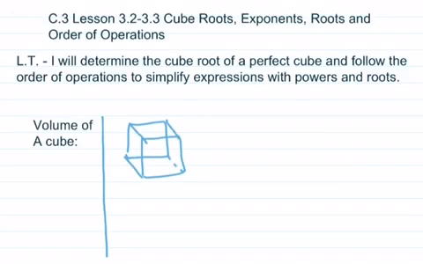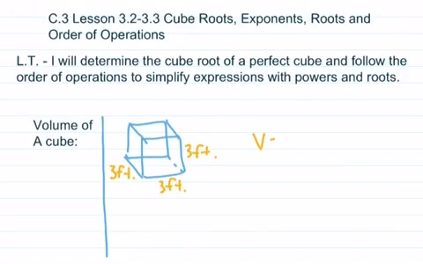And to start with, I'm going to tell you that each side length or edge length is 3 feet. So that's a pretty large cube. And we need to figure out how much space takes up this perfect cube.